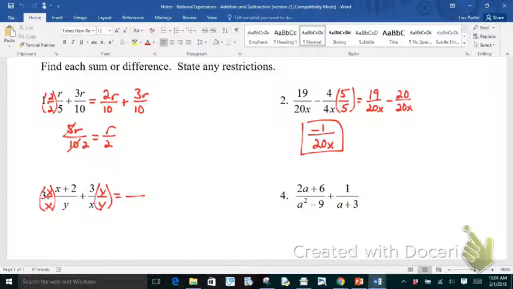So let's see what that gives us in the denominator. X times y is going to give us xy. And over here on the right, we're going to get xy as well. So what does that mean for us up top? We will have x times x plus 2, and we will have 3y.